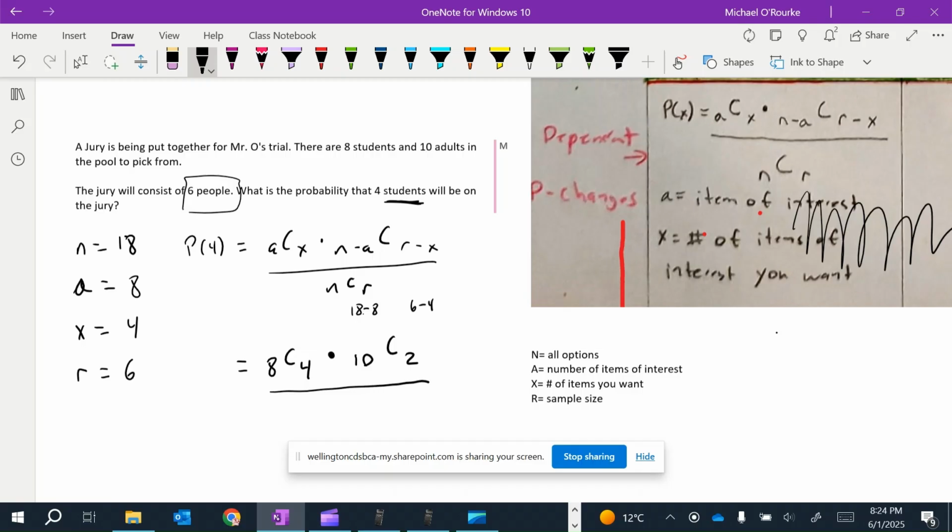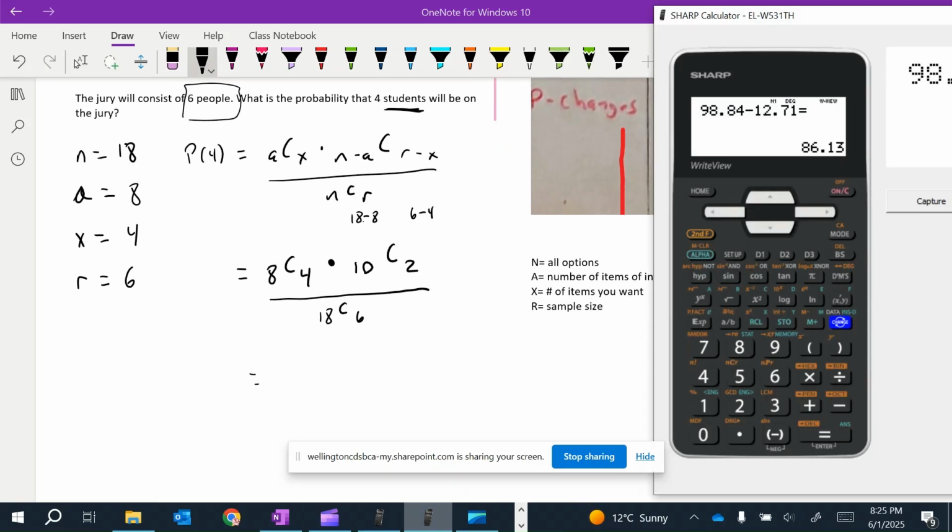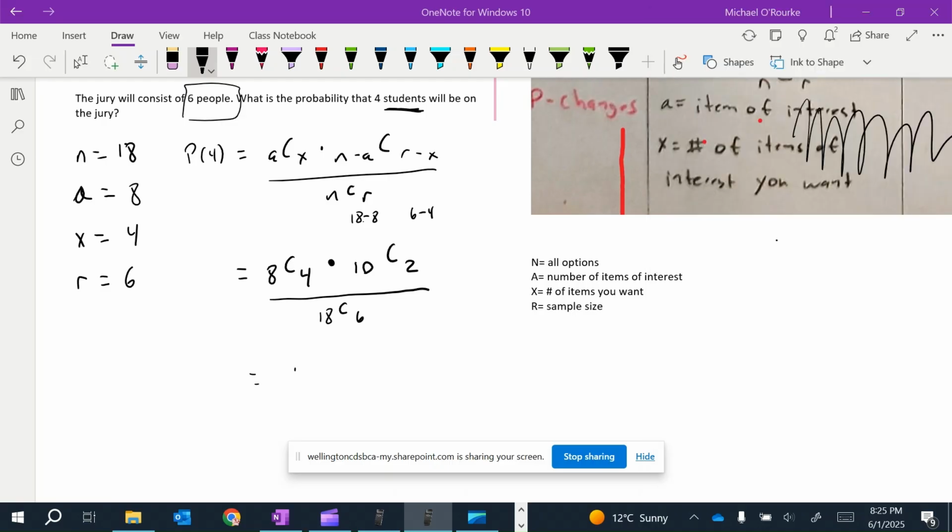Divided by all my options, so it's 18C6. If I run that in the calculator, divided by 18C6, it is going to equal about a 17% chance.